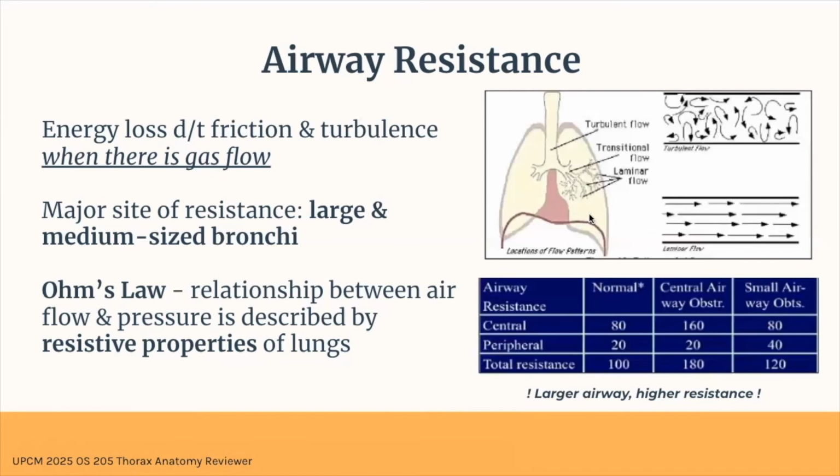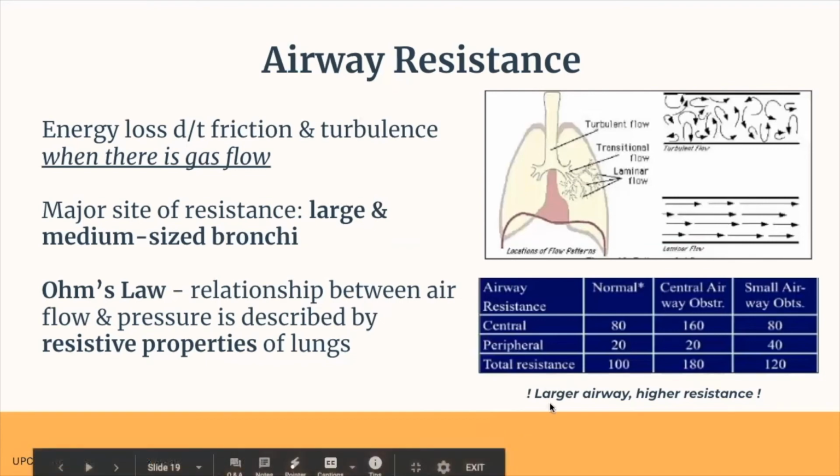So makikita mo, mas laminar yung flow nila dito. That's why wala kang maririnig, no? Sila yung silent zones. So let's not forget your Ohm's law. Your Ohm's law states that the relationship between the air flow and pressure is described by the resistive properties of your lungs. So again, the larger the airway, which is your trachea, the higher the resistance.